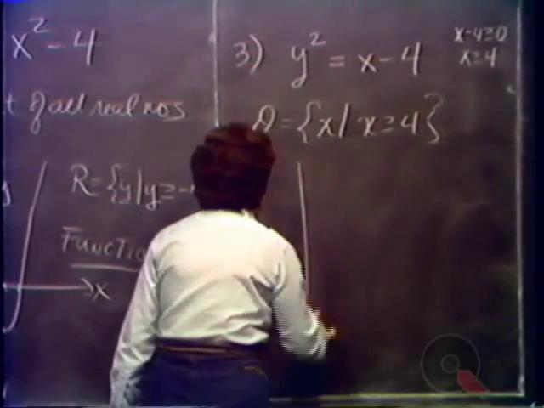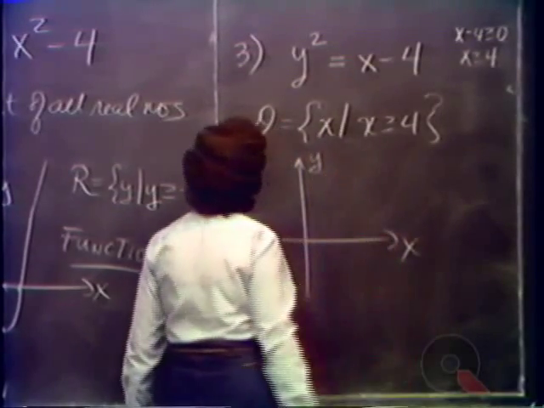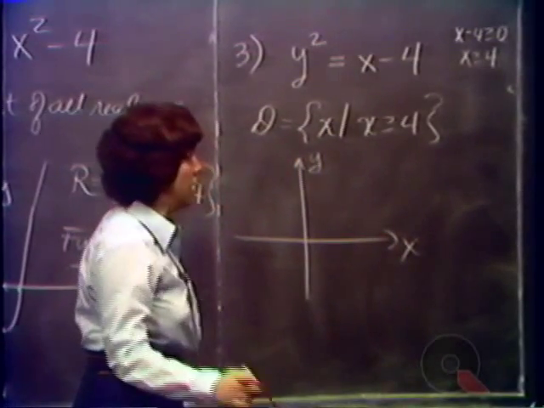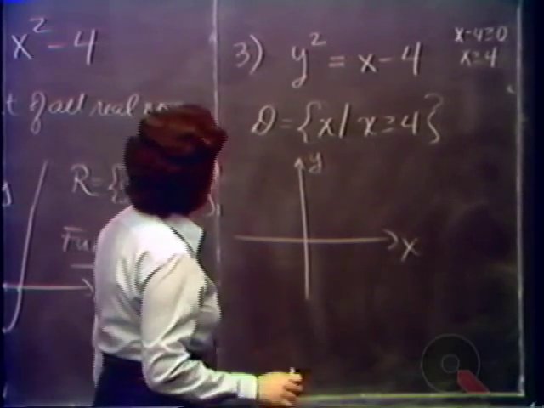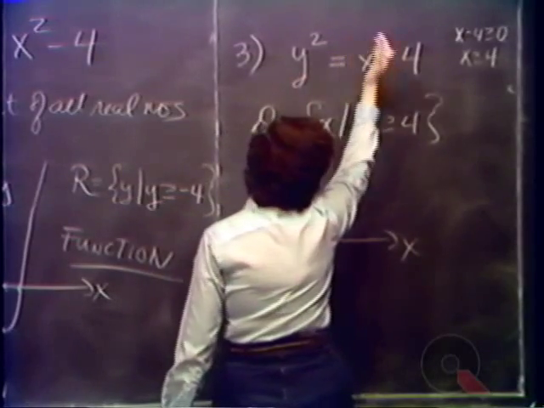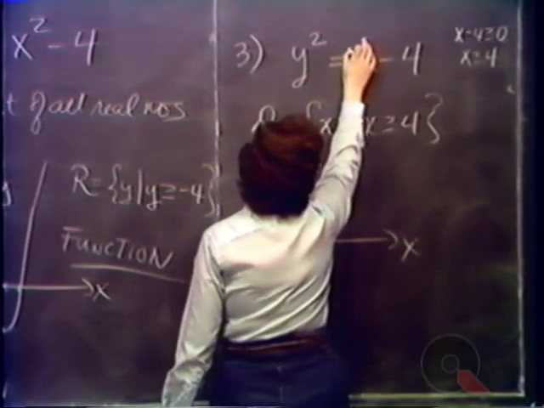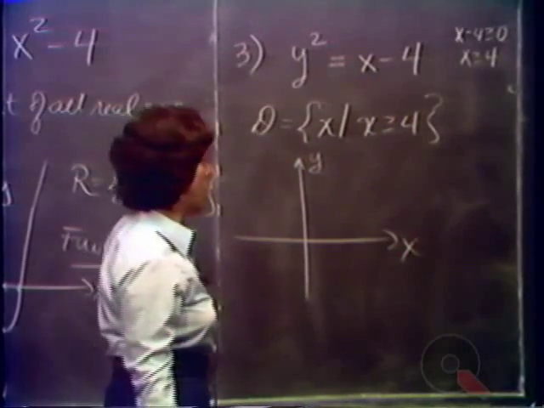Okay, let's sketch the graph of this parabola. And as I mentioned earlier, these curves are sketched in much greater detail in earlier videotapes. If you try to get the intercepts, to let x equal 0, you'd see that y squared would be minus 4. You could not solve for y.